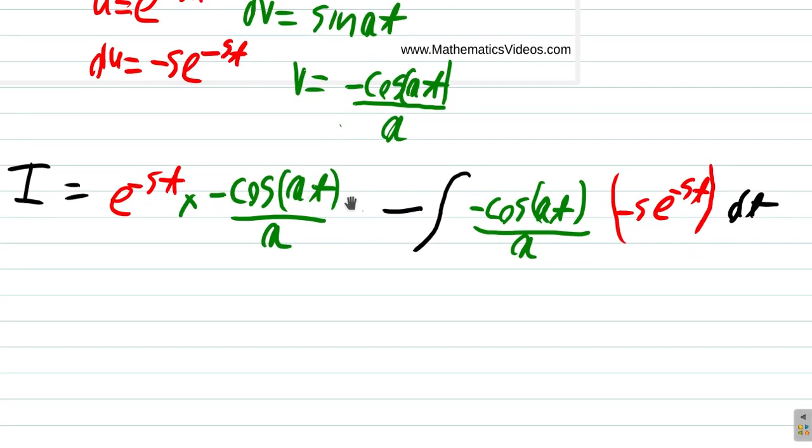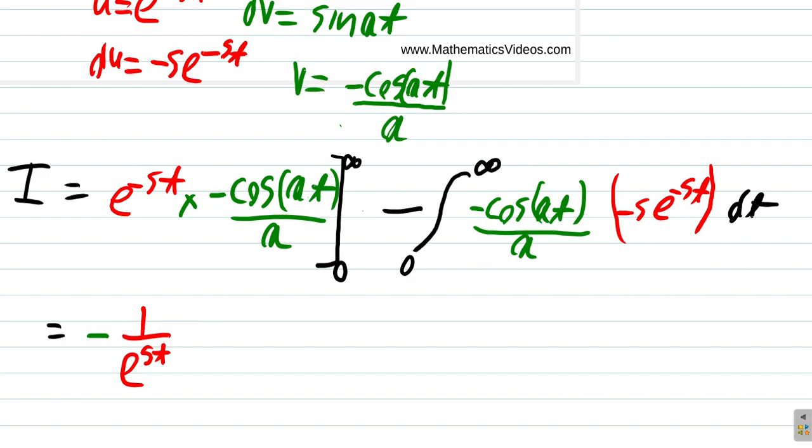Now, let's see if we can simplify. Oh, by the way, remember, we're going from 0 to infinity. So this is 0 to infinity, 0 to infinity. So this is going to be negative e to the negative st, but e to the negative st is the same as 1 over e to the positive st, once you remember your laws of indices.